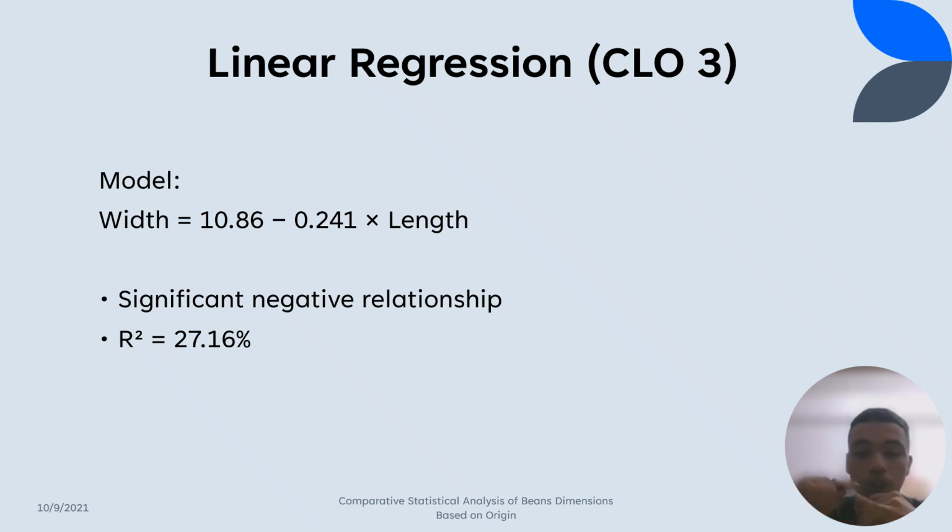For every 1 millimeter increase in length, the width decreases by almost 0.24 millimeter. The model explains approximately 27% of the variation in width, indicating that length has a meaningful but not exclusive influence. So let's move to the next.